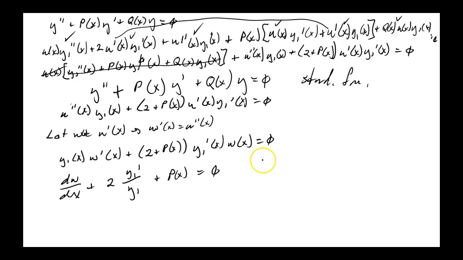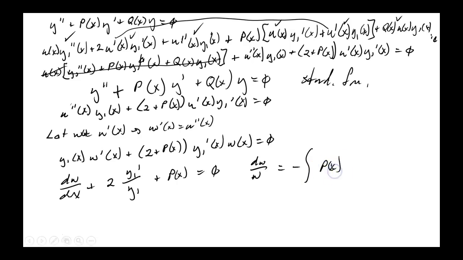And what we wind up with, separation of variables, we get dw over w. Now, I like to do it on opposite sides, and that's what they wind up doing here, is equal to minus the integral of p of x.